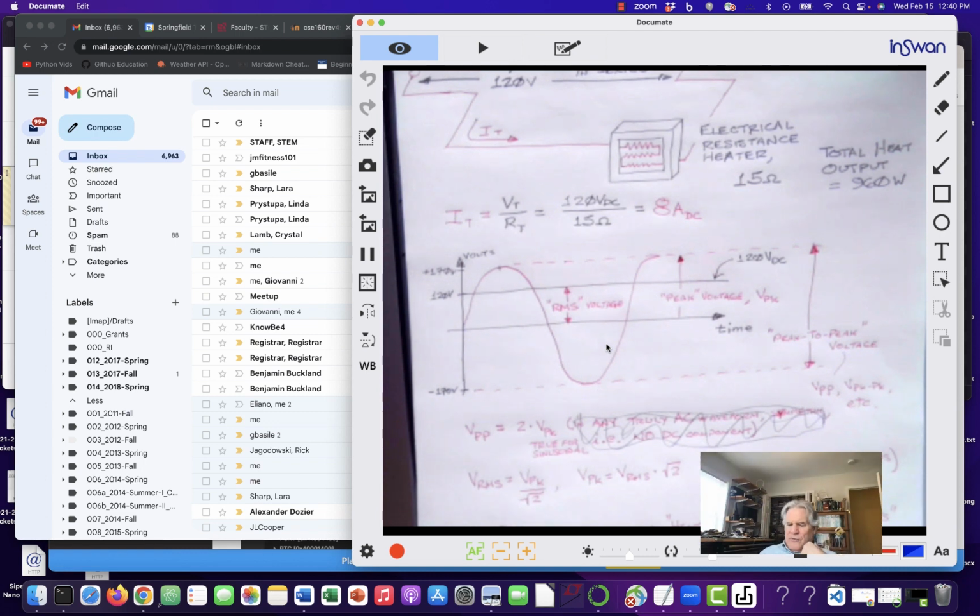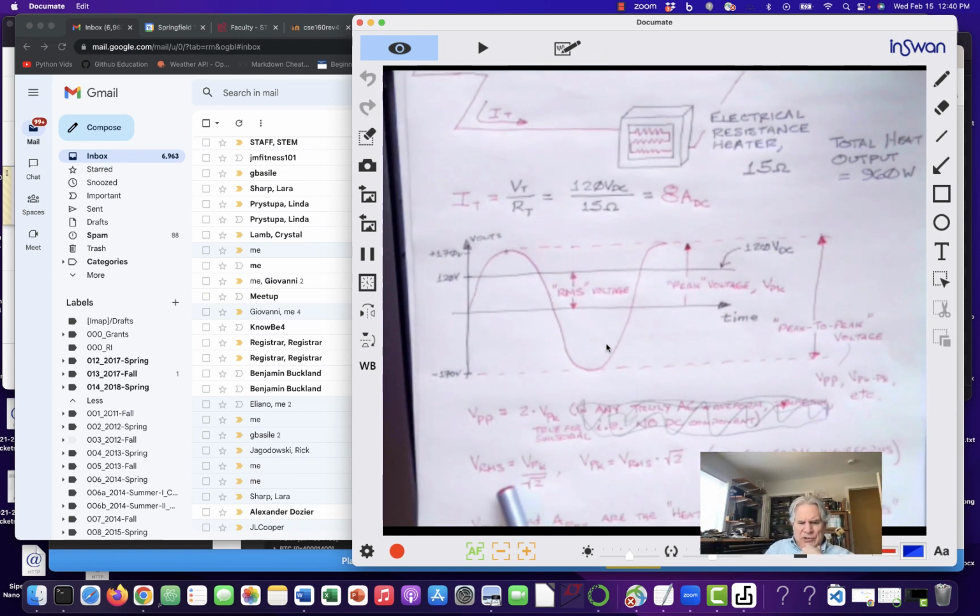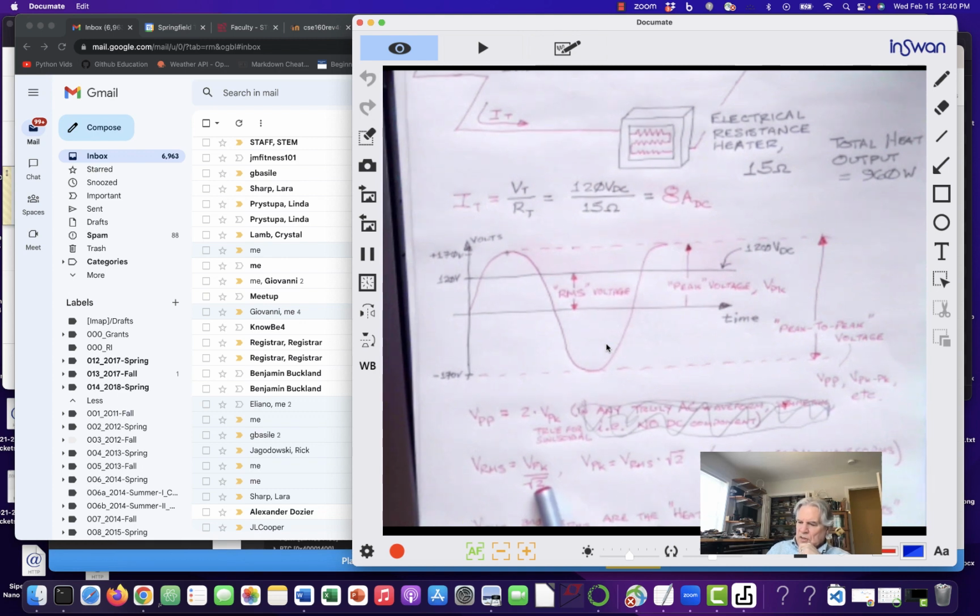And then this value down here, volts RMS equals volts peak divided by the square root of 2. Or you can multiply this by the square root of 1/2. Either way, this is the same thing.